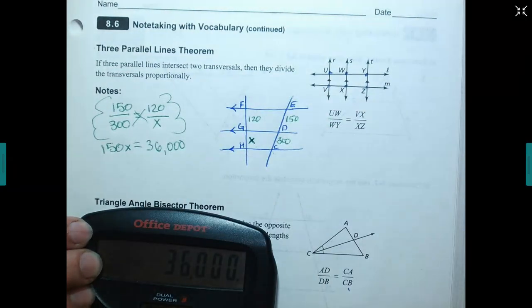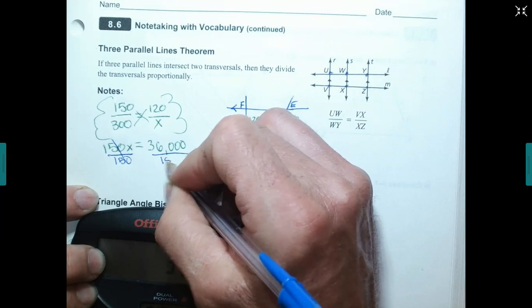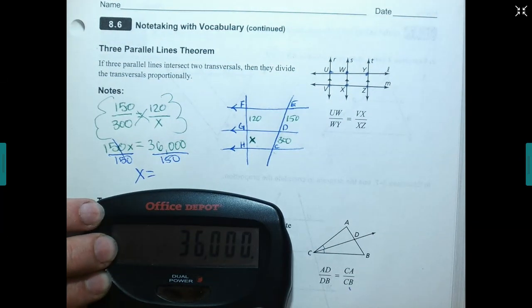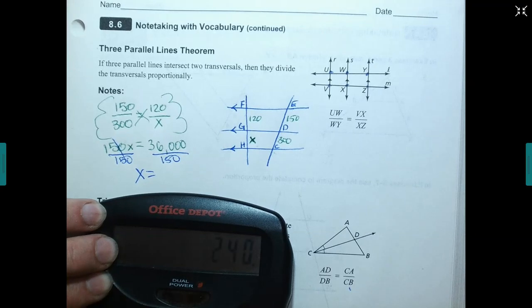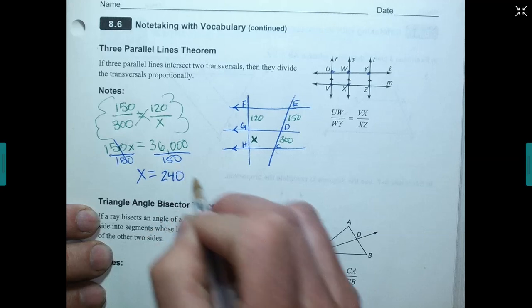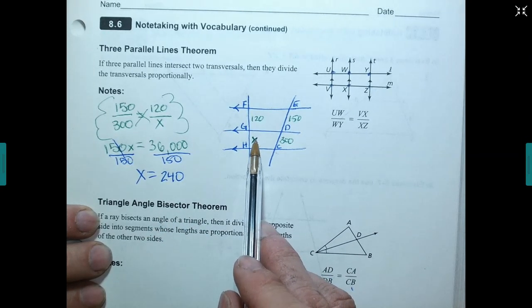Then I divide both sides by 150. X equals 36,000 divided by 150, and I get 240. So this length right here is 240.